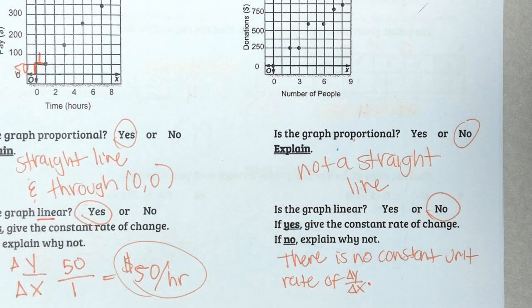You could say the points are moving differently from one point to the next. I'm trying to think from the quiz, there were a lot of different ways of wording it that people did a nice job with. The rise over run was not the same each time. Anything that means they're not moving the same from one point to the next, the change in y over change in x is not equal, that's what I'm looking for. Okay?